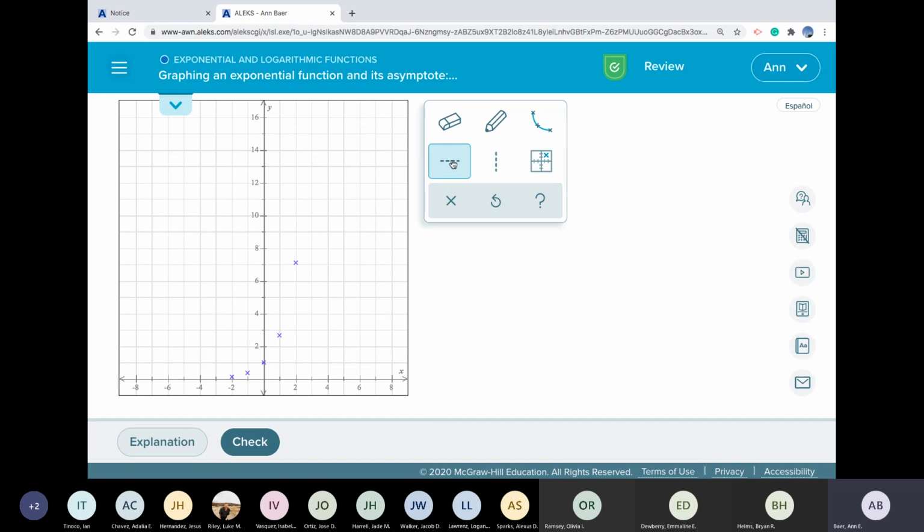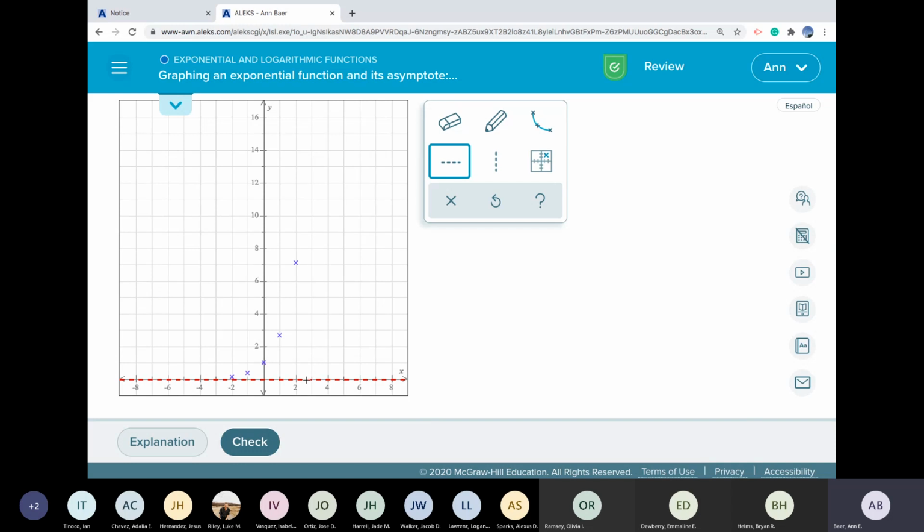So I'm going to take my horizontal asymptote and put it on the x-axis. Remember, an asymptote is a guideline. Our exponential functions do not cross the horizontal asymptotes. They do not touch them. They do not intersect them at all.